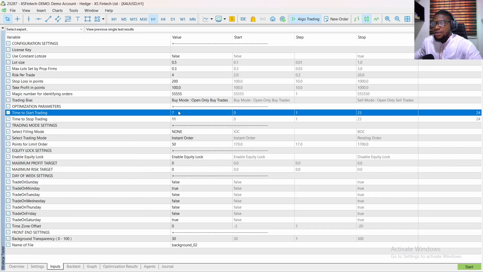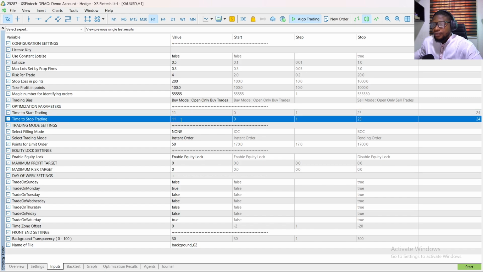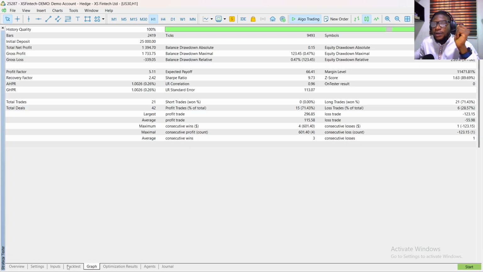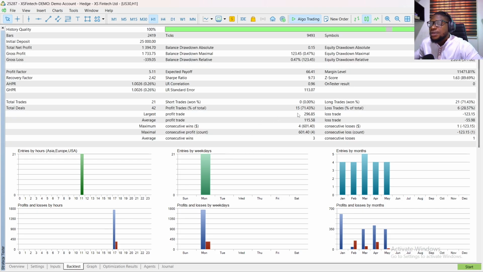From 11 to 17, we go long. And this is what we get. Okay, so we are right about 71% of the time, right? And we are wrong about 28% of the time.